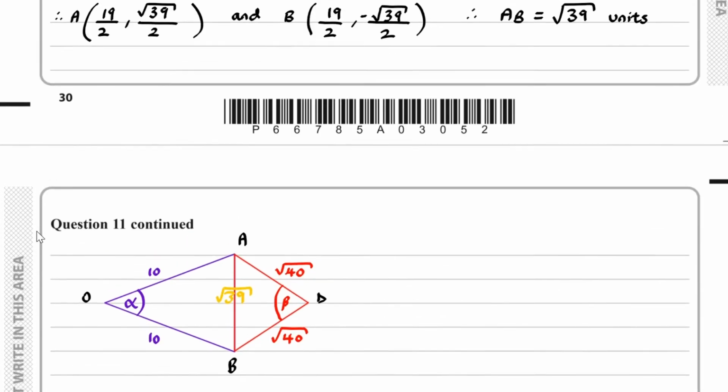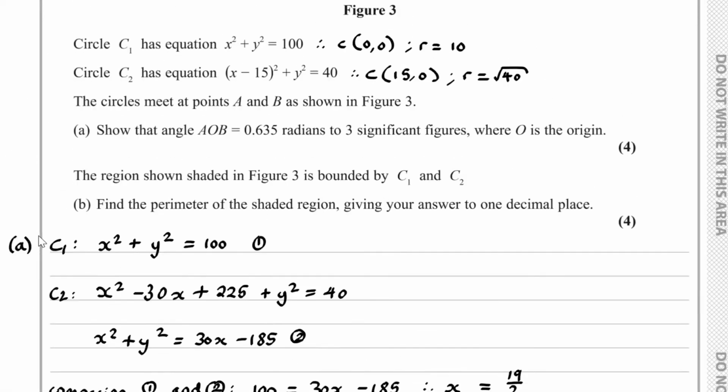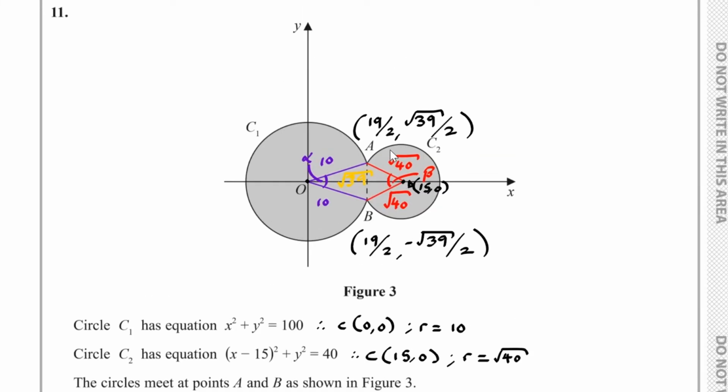So for us to work out the arc length, namely this one and this one, we need this other angle over here, and we also need this angle over here.